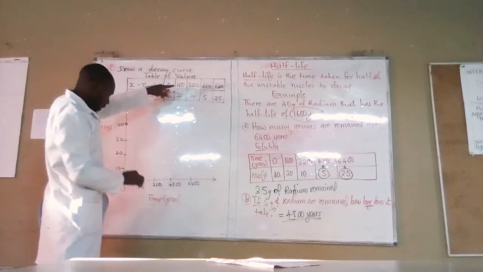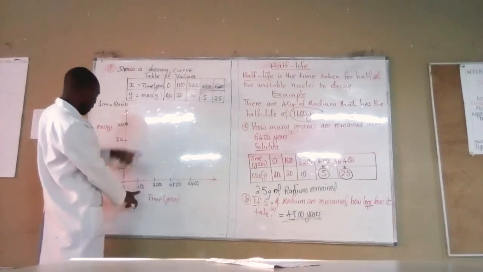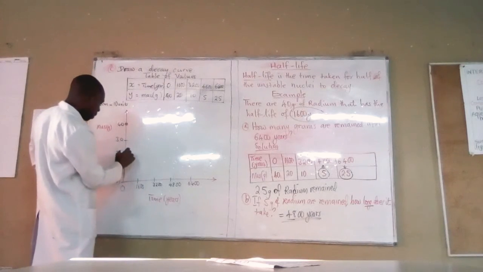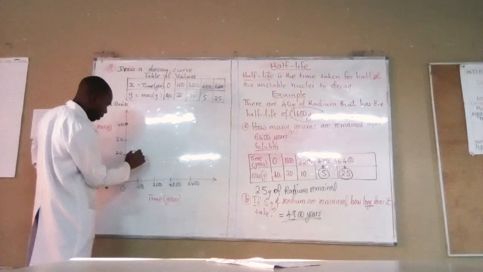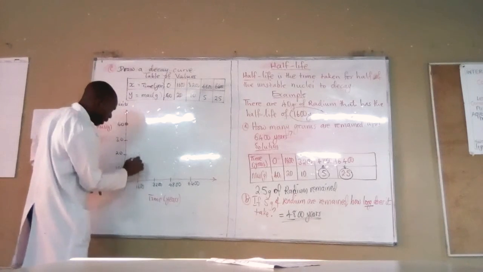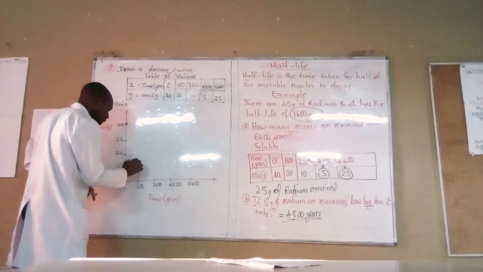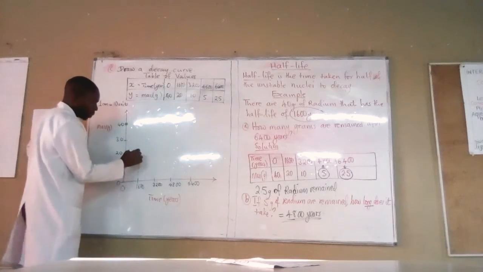Then we have 16, which is down here, against 20. So 16, 20 is supposed to come here, and then the dotted line. Make sure that it is a dotted line, and this is where the next point will be.